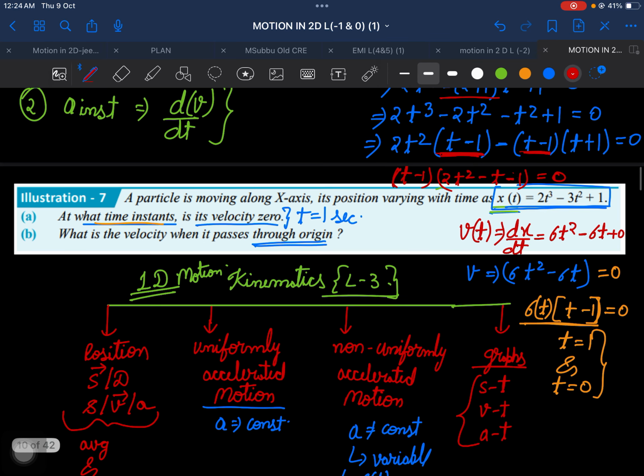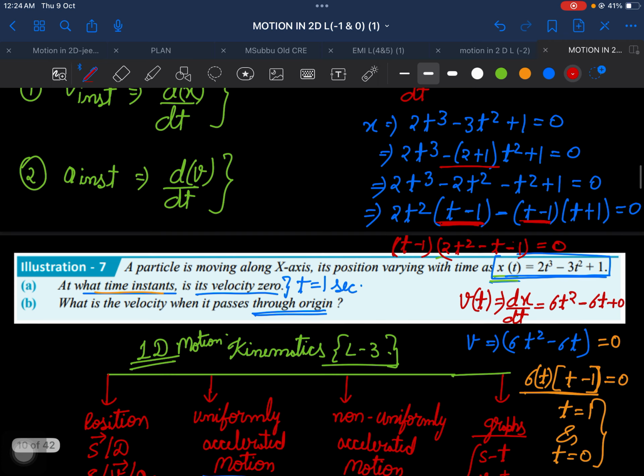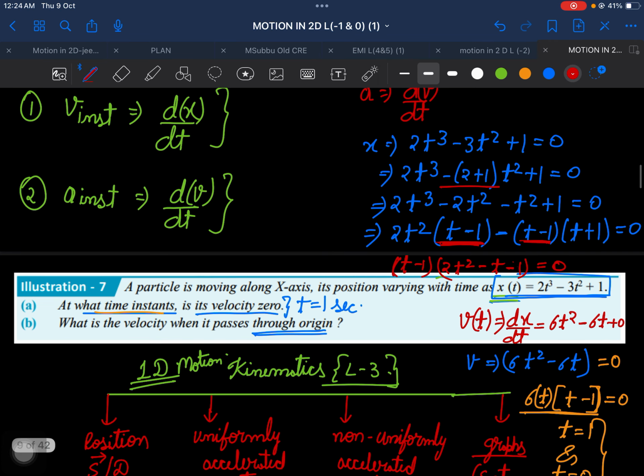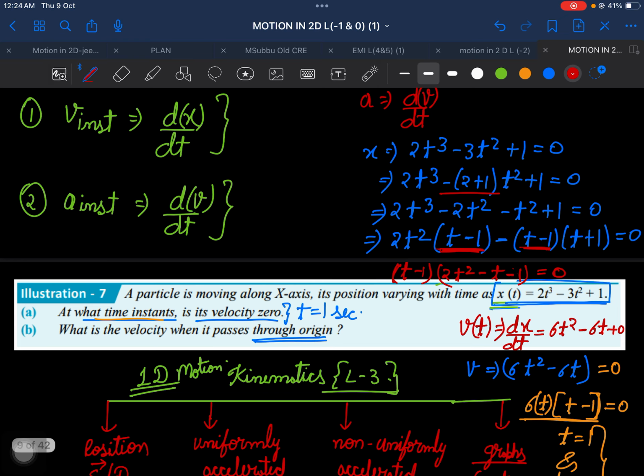Let me check once again. Have you done everything fine? All right, so this is 2t cube minus 3t square. So this is minus t plus 1. 2 plus 1, no problem. It is minus t, 2t square minus t square, no issues.